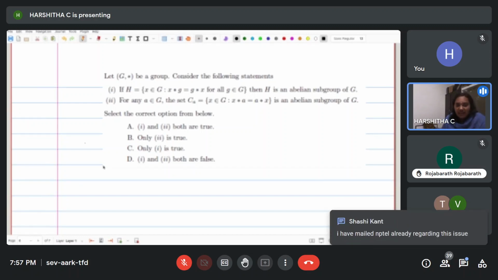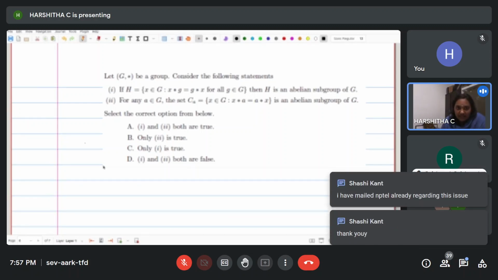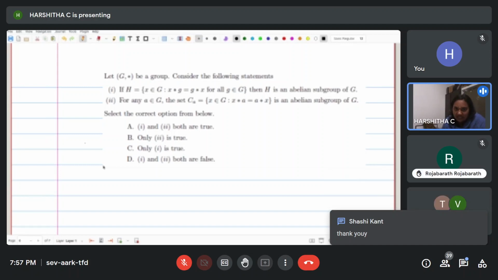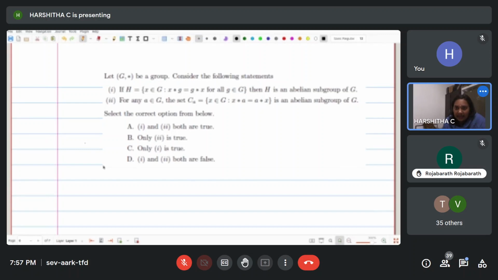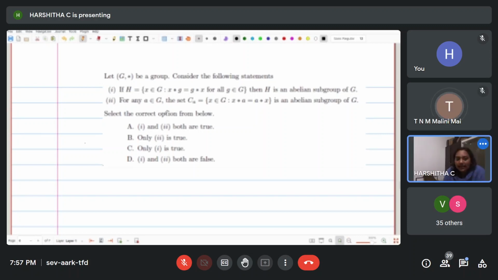Okay, so let G star be a group. Consider the following statements. If H is the set of all X in G such that X star G equals G star X, then H is an abelian subgroup of G. If you look at the class notes, H is what is called the center of the group.